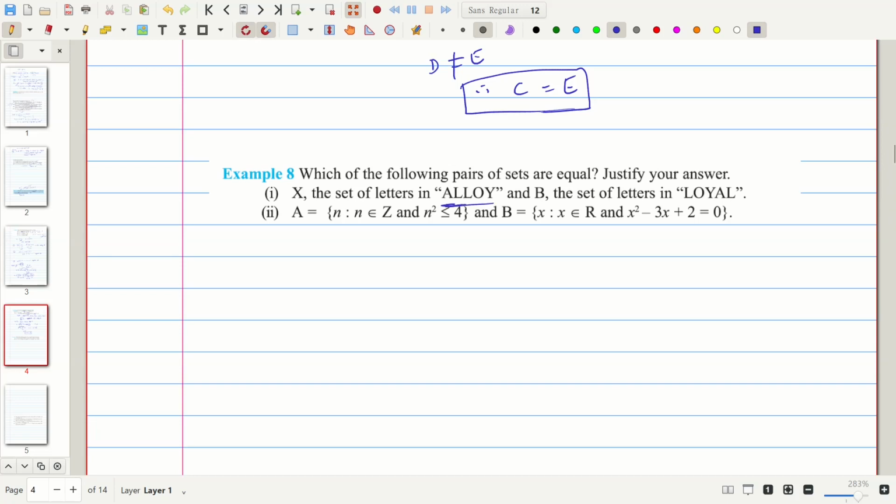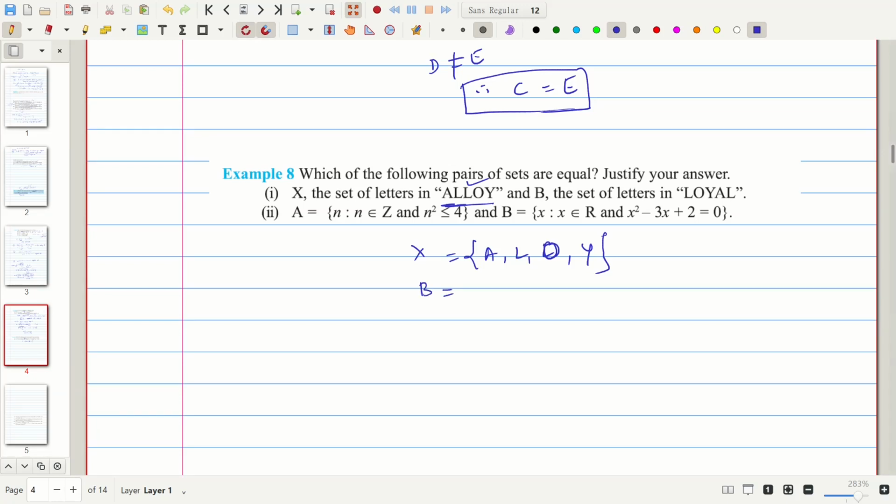Here the set alloy is there. This is an X set. If we write this in roster form, X contains A, L, O, Y. The L repeats, so we cannot write it twice in roster form.